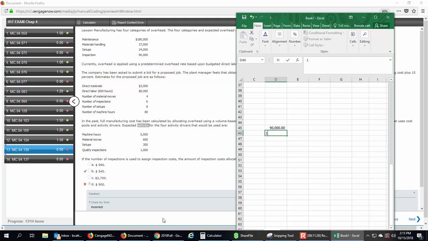I've got 1,000 inspections. So that means we've got that divided by that, $90 per inspection. So now let's go look at this particular bid. 6 inspections. 540. That's that answer right there.